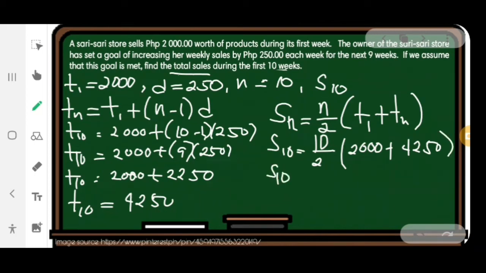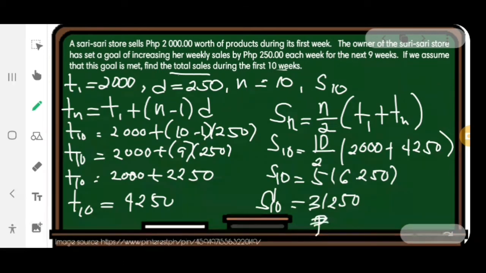So S sub 10 is equal to 10 over 2, which is 5, times 6250. So S sub 10 is 31,250. That means the total sales during the first 10 weeks is 31,250 pesos.